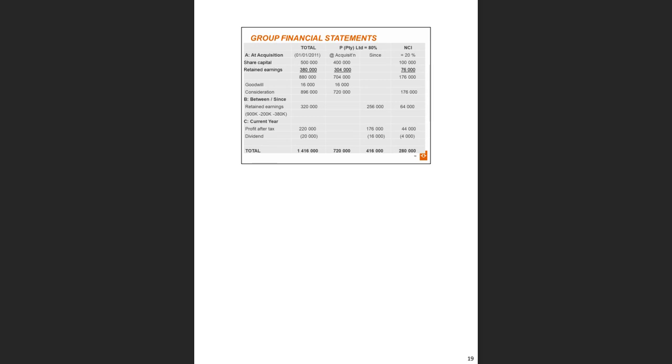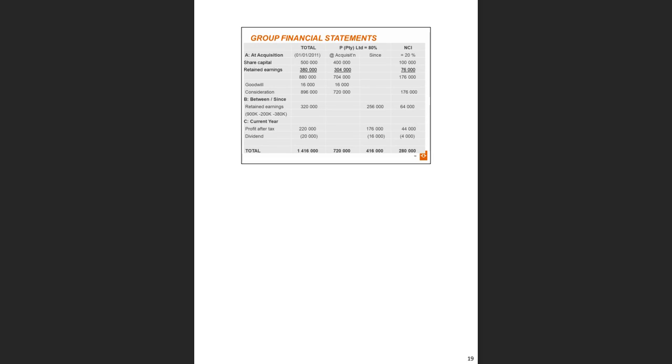Now remember, when we look at the amounts here, 320,000, and we have our profit of 220,000, this represents 100%. But we know that P does not own 100% of S. It owns 80%.